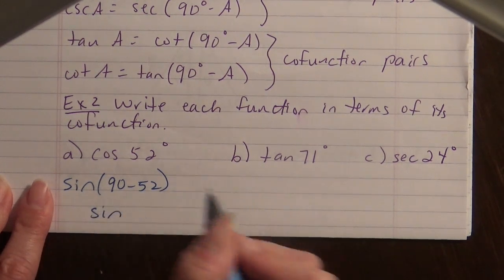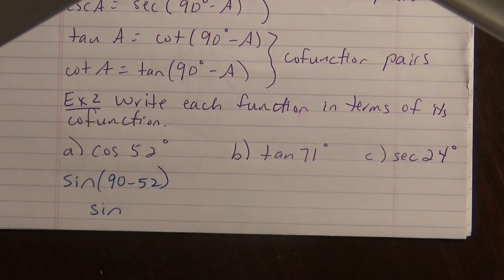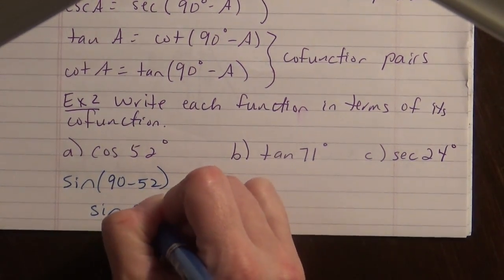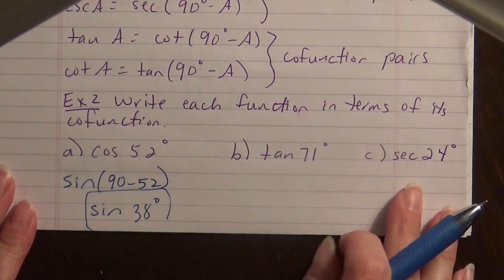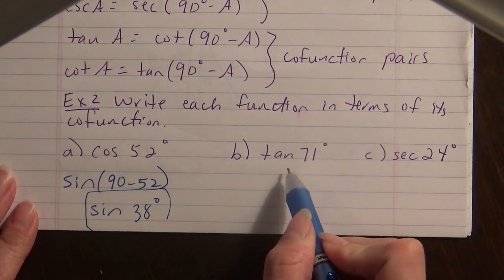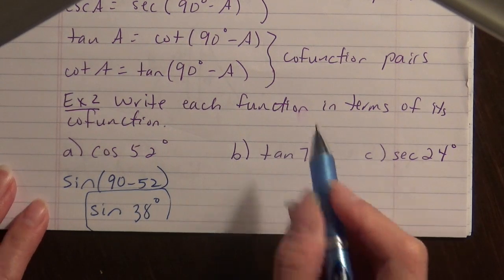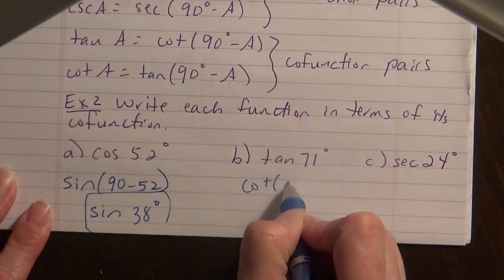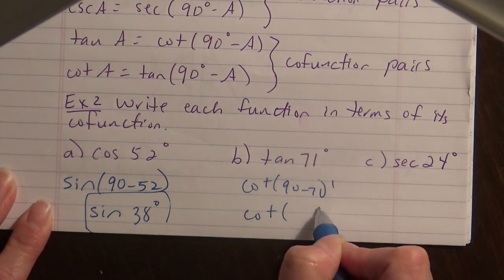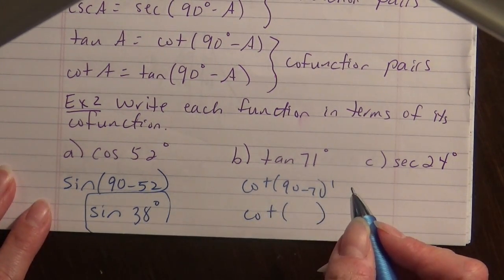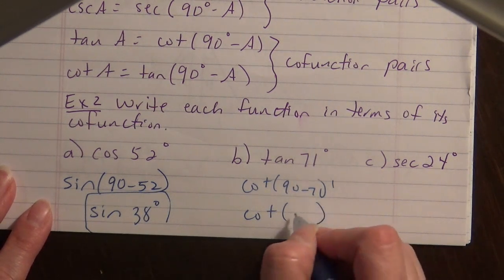So it would become sine of 38 degrees. In part B, tangent 71 degrees would be written as cotangent of 90 minus 71 degrees. That would be cotangent of 19 degrees.